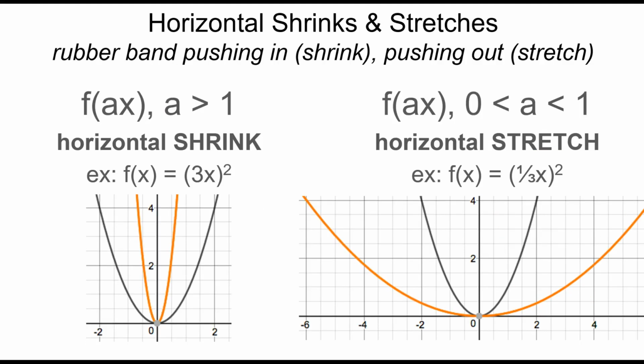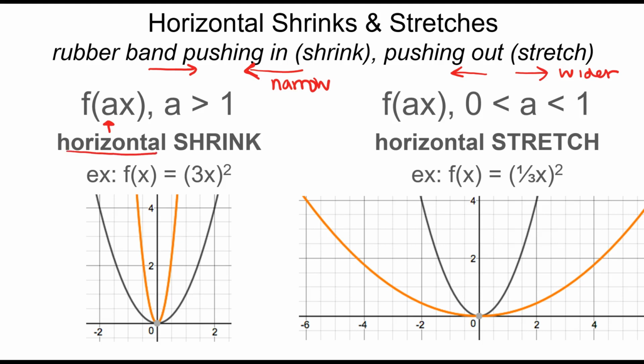Horizontal shrinking is, so now we're talking horizontally, we're pushing in when we shrink, and it's actually going to get more narrow. So a horizontal shrink looks exactly like a vertical stretch. And a horizontal stretch is a pushing out, so it's going to get wider. Let's take a look here. If we're multiplying a number on the inside, it's going to be horizontal.